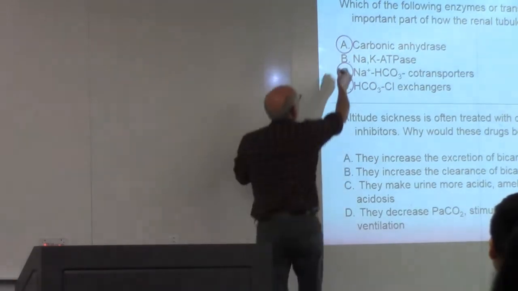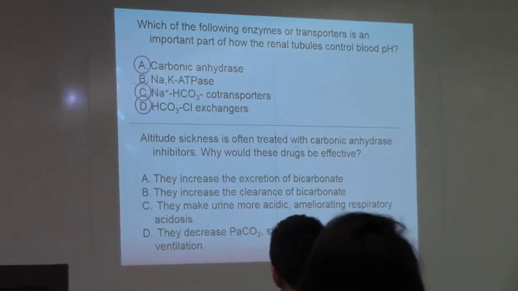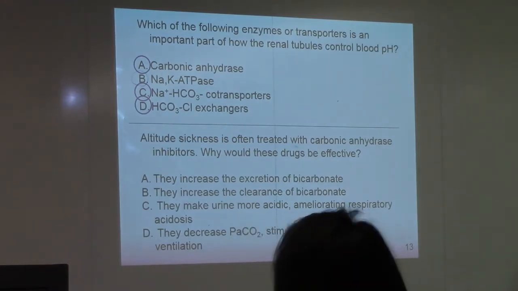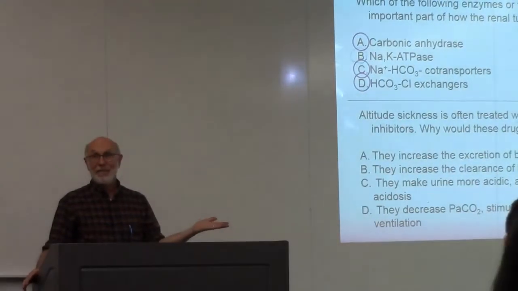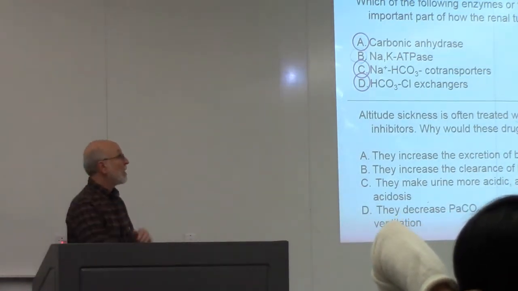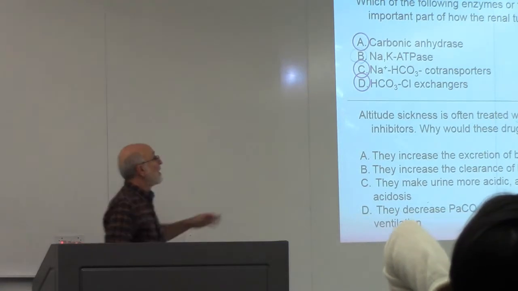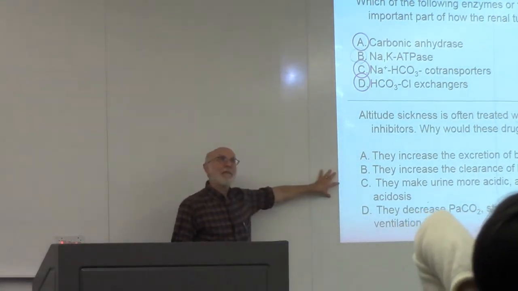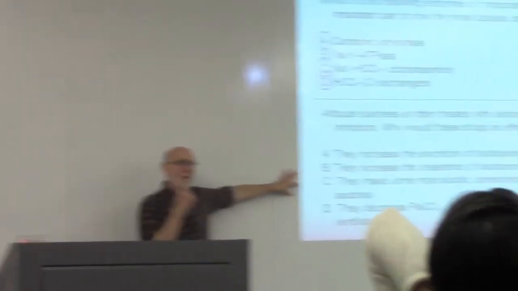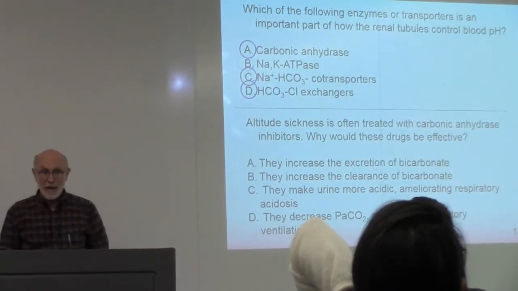But they're all correct, right? Because the sodium-potassium ATPase is important for setting up the sodium gradient, which is important for the sodium bicarbonate cotransporter. So that would be a legitimate answer, but it's less direct. Maybe that's why I didn't choose it when I was answering my own question. Okay, so good. I think most of you got that. So the altitude sickness question I've converted into a problem set question, so we're not going to do this one as a clicker. So let's take a quick break, and we'll come back and do potassium.